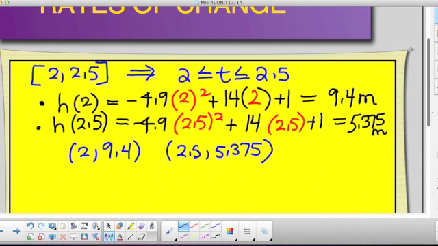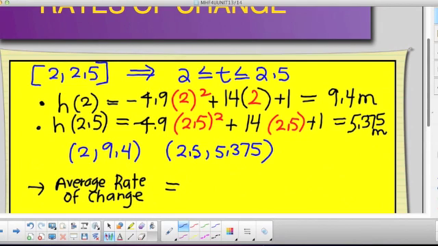So my average rate of change is going to be equal to 5.375 minus 9.4 over 2.5 minus 2.